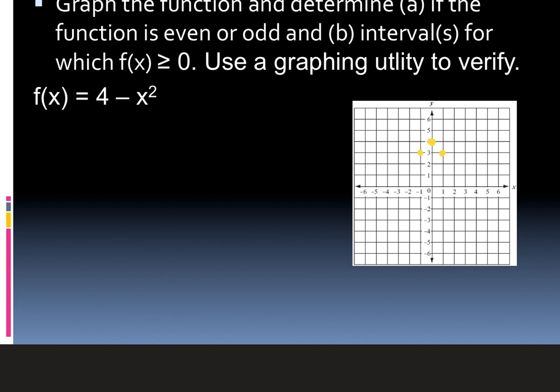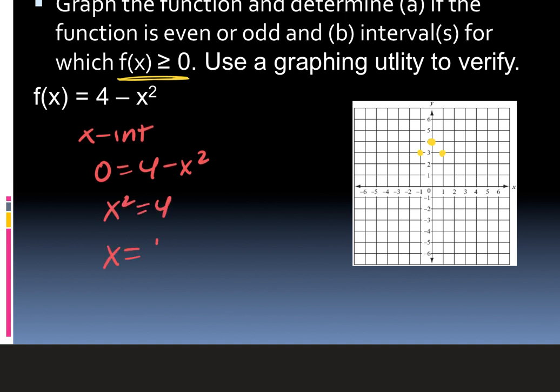But because I need to know where it's greater than or equal to 0 on this question, I need my intercepts. I need to know when it crosses the x-axis. So if I find my x-intercepts, I make y 0. I would get x squared equals 4, and x equals plus and minus the square root of 4, which is 2.